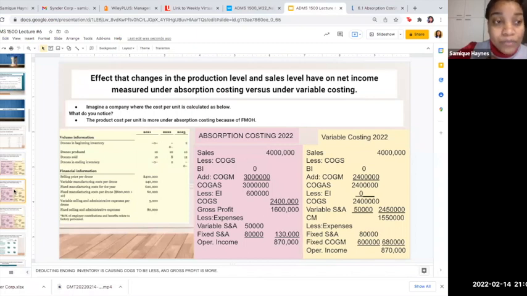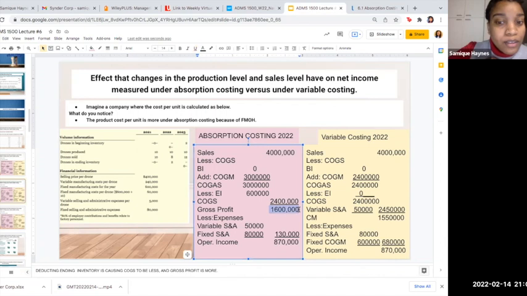It's going down. Good. So when our cost of goods sold goes down, what happens to our gross profit? If this cost is less, what is happening to our gross profit? It's more, exactly. Our gross profit is more. So when we deduct our variable and fixed expenses, what's going to happen to our operating income?